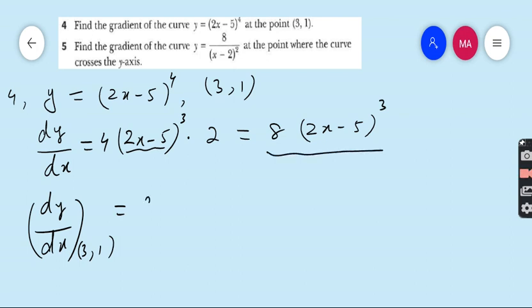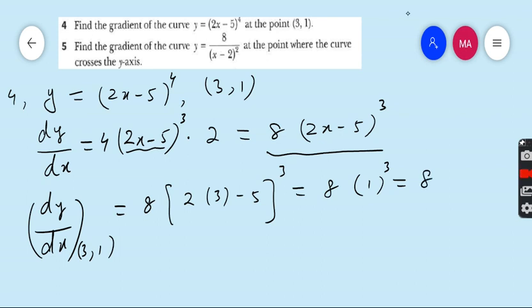So 8 multiplied by (2 times 3 minus 5) to the power 3. 2 times 3 is 6, 6 minus 5 is 1, 1 to the power 3 is 1, and 8 times 1 is 8. This is our final answer. So the gradient of the curve at (3, 1) is 8. Hope you understand the question.